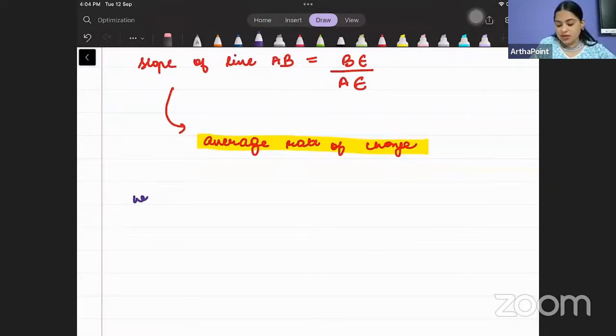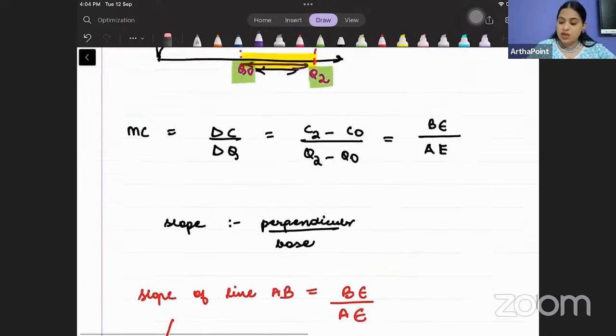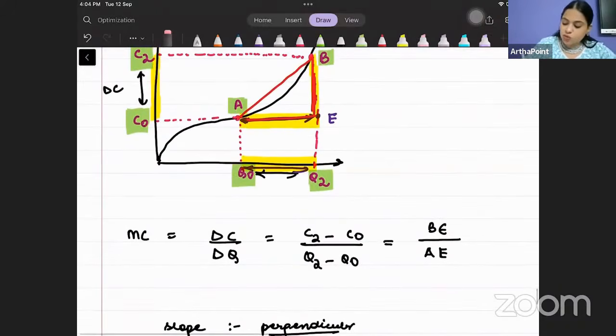Now, what happens? Next question ये आता है that what happens when we vary the magnitude of change in Q? जब मैं change in quantity को vary करती हूँ, what happens in that case? So if you think about this, beta, suppose I don't change quantity from Q0 to Q2. मैं Q0 से Q2 तक नहीं जाती हूँ.